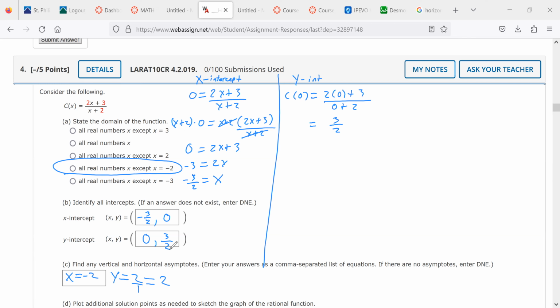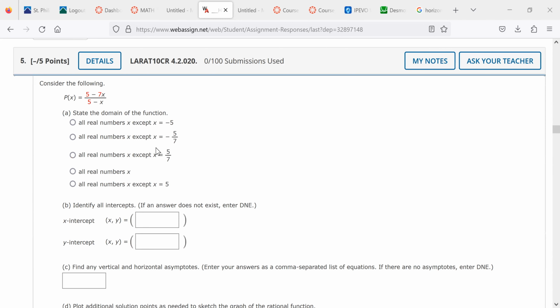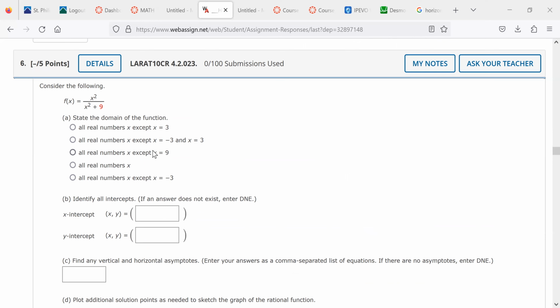You guys cool on number 4? Alrighty. Would like to do any more of these problems?